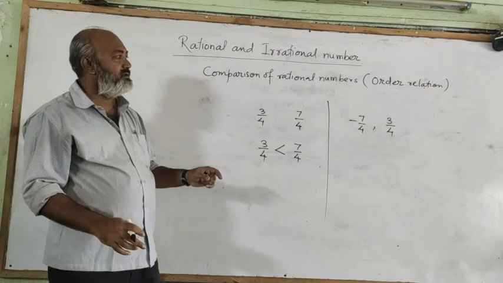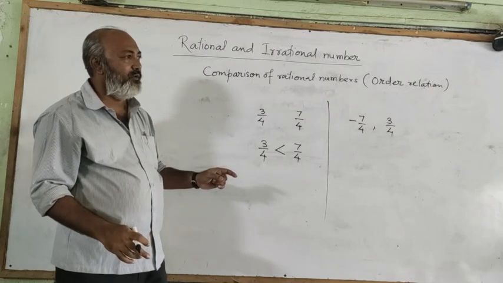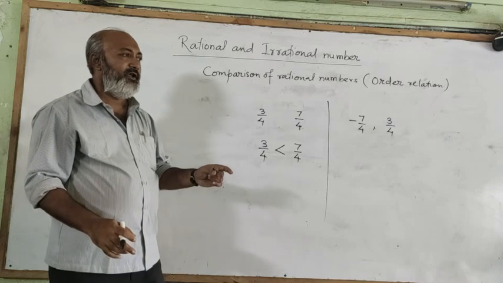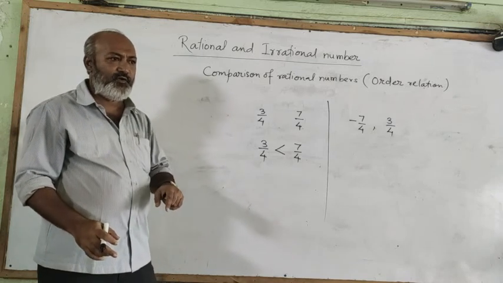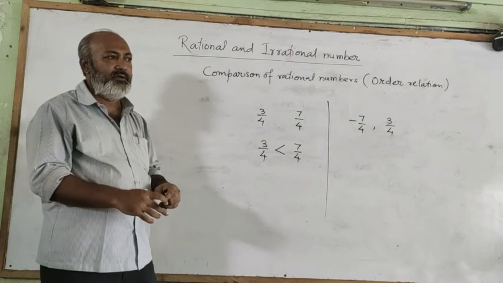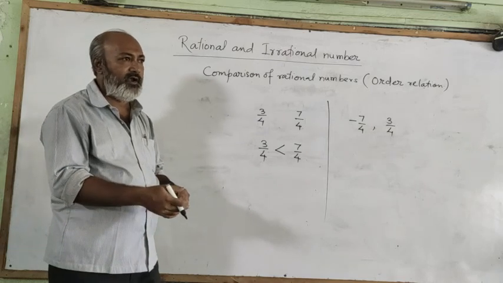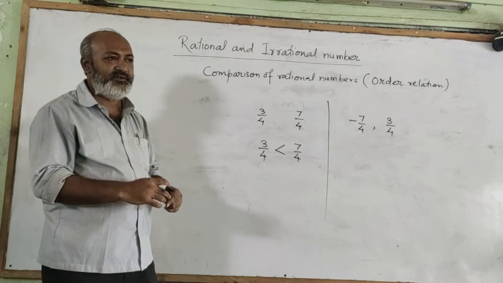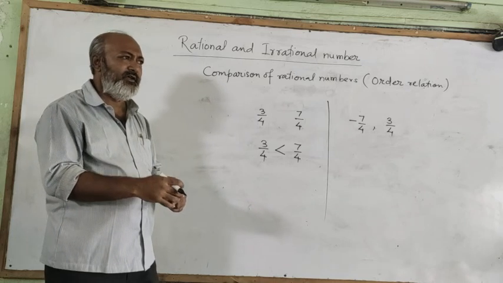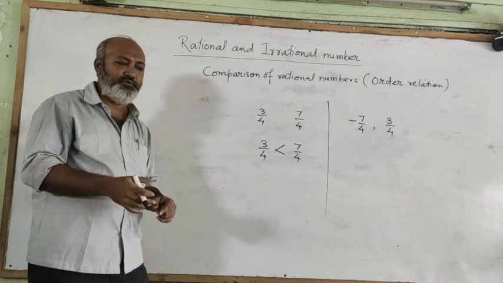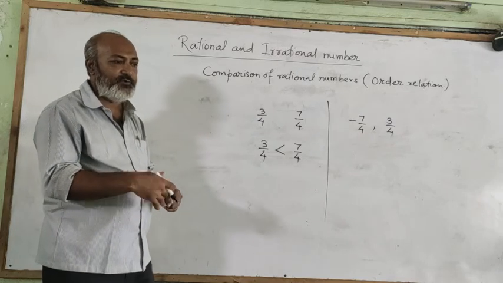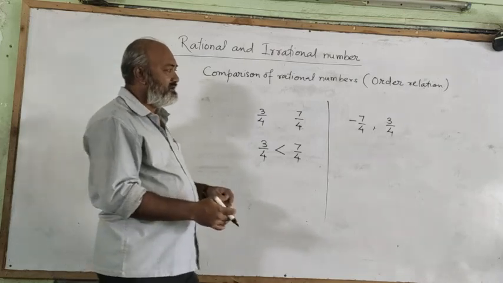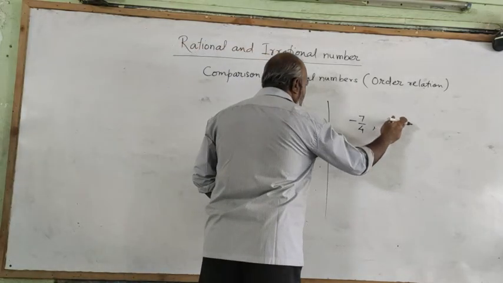Means minus 7 is negative, and 3 is positive. Negative is less than positive because positive is greater than 0 and negative is less than 0. Means all the negative numbers are less than any positive number. Minus 7 is less than 3.